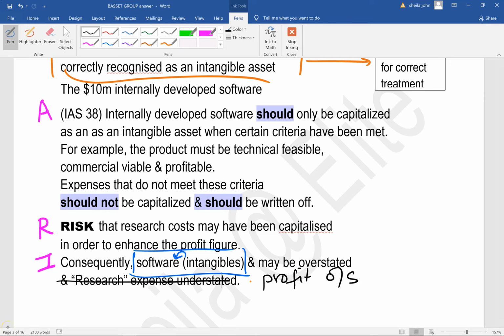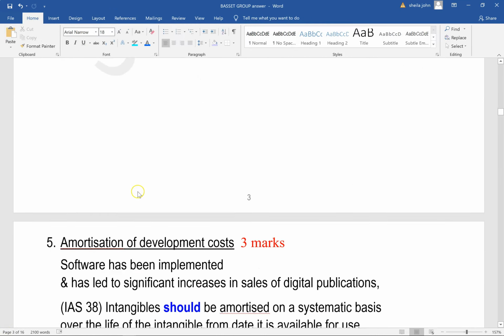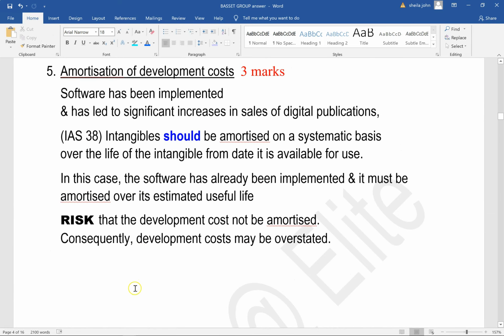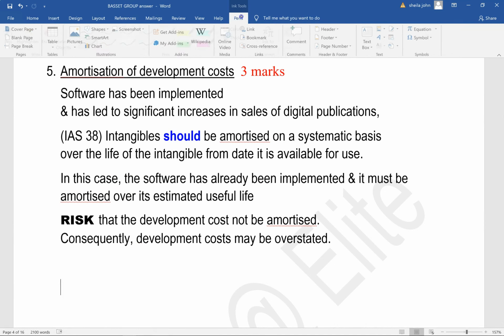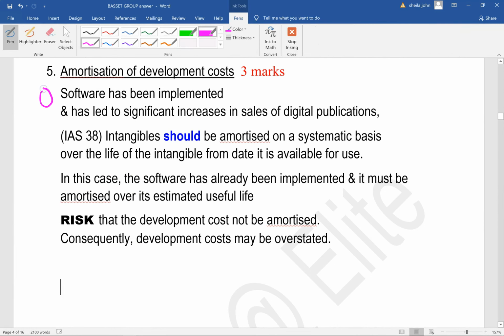Now, once you've looked at the software that you've capitalized, then you're going to think about the amortization, right? That was the next point that we had in our plan. So here, we're using OMARI again. So we've got the observation here, but we don't have the materiality because we already calculated it earlier, so we're not going to get double marks.